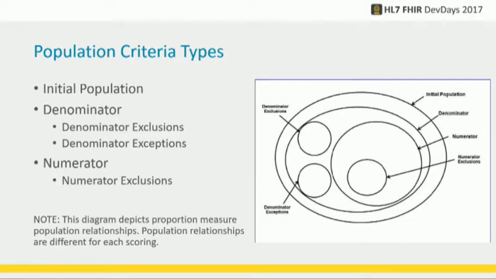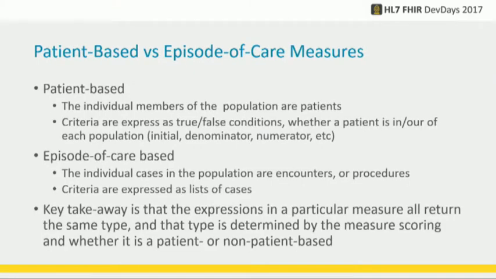So another important distinction is patient-based versus episode of care-based. Your initial cohort might be all of the patients, but what you're actually counting in the measure may be encounters or procedures.